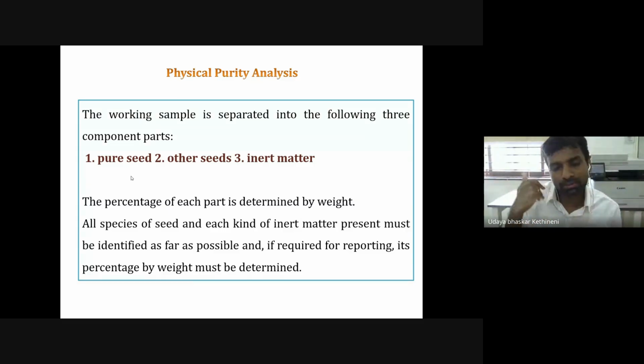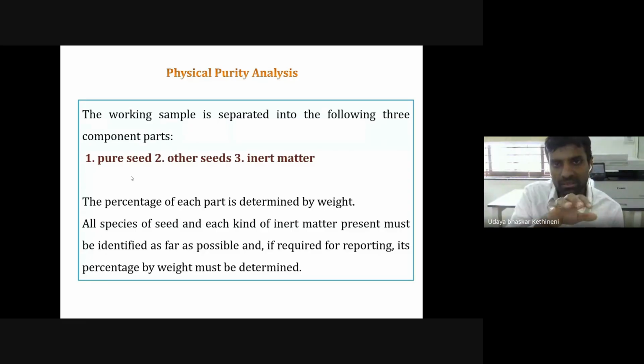For varietal delineation, something else is used. Pure seed means it is at the crop species level only. For each crop species, delineated pure seed definitions are there. As per that pure seed definition only, we have to see whether it is a pure seed component or not. I'll just show that.